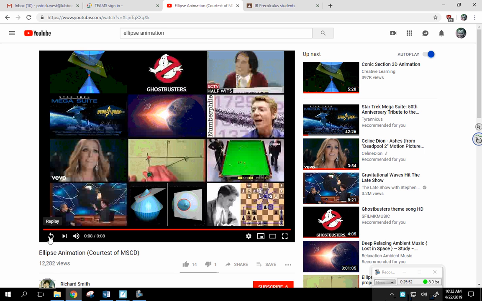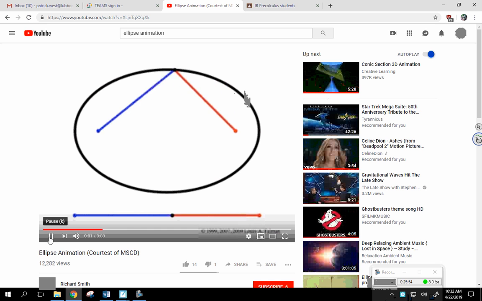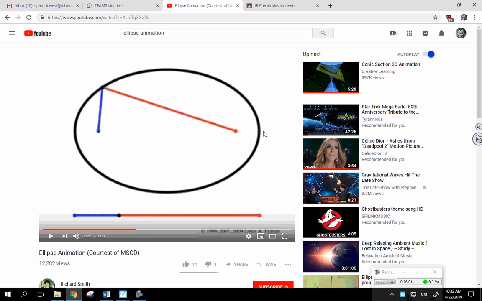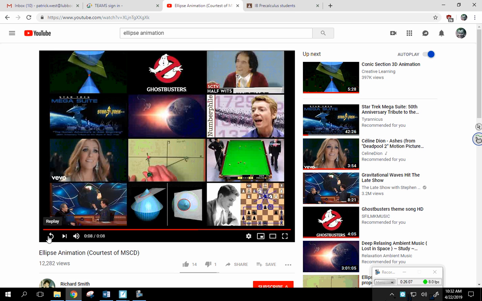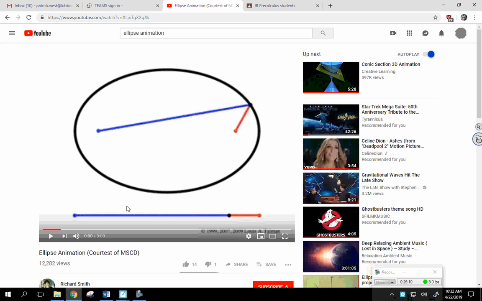Let's do that one more time. And you'll notice, let me pause it right here. I'll use my mouse. You'll notice the length of this line segment is the exact same length of the major axis, 2a. Does that animation help you with that definition? Does anybody have any questions on that?